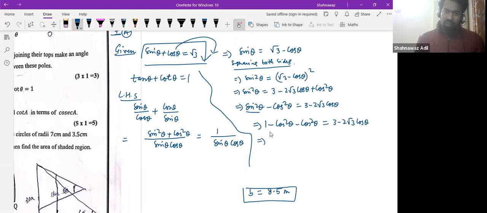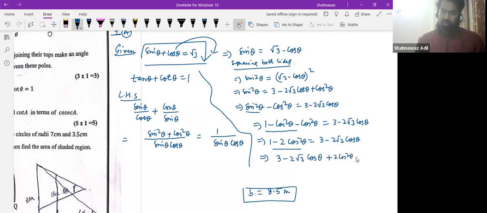Or let me write it as 1 minus 2 cos square theta equals 3 minus 2 root 3 cos theta. So this one was a lengthy and difficult question. We take this thing to the right hand side: 3 minus 2 root 3 cos theta plus 2 cos square theta minus 1 equal to 0.